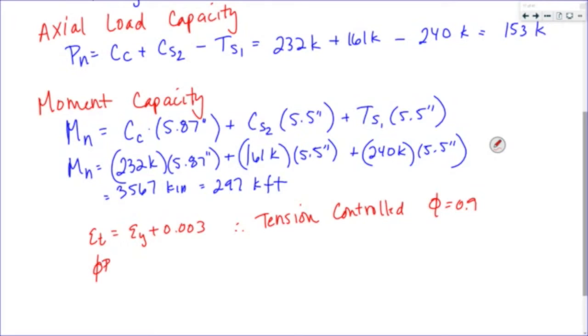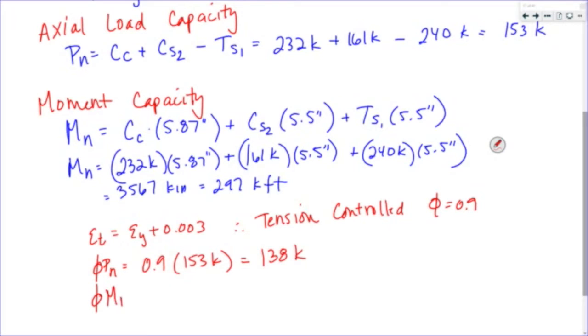So phi Pn is equal to 0.9 times 153 kips, which is 138 kips.